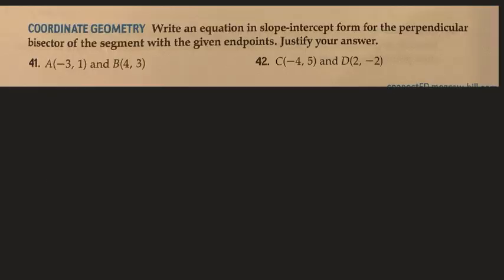All right, these last two questions, get ready, they are a doozy. We have to write an equation in slope-intercept form, and it's got to be the perpendicular bisector of the segment that has these endpoints. So my first question is, when you see slope-intercept form, what does that make you think?